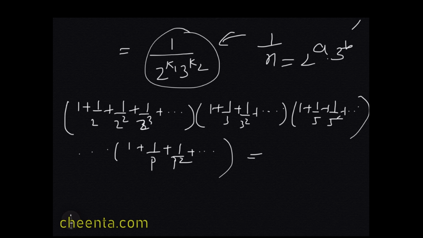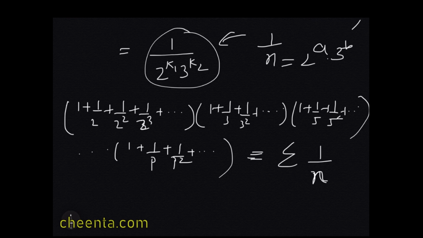We know this, and I'm not going to prove the theorem. So what is that? This is basically the sum of 1 by n. For every n I have a unique representation in terms of a product of primes, it is represented only once, and every n also comes. So that's why this product is equal to this sum, is what I'm saying.